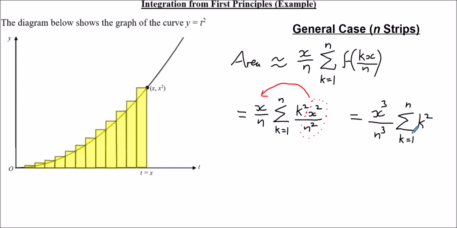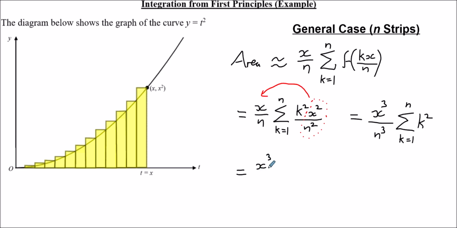So k is going to be 1, 2, 3, 4. k is going to be a whole number, therefore k squared is going to be a square number. And so what this here is, this is going to be the sum of the first n square numbers. This is going to be the sum of 1 squared plus 2 squared plus 3 squared, all the way up to n squared.